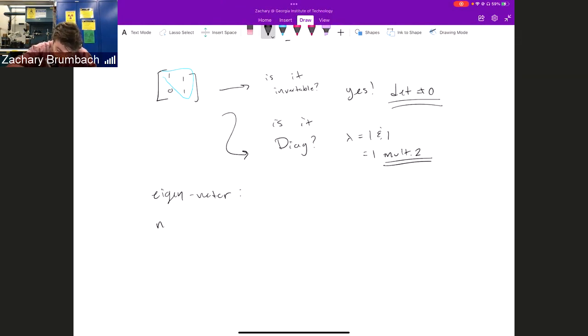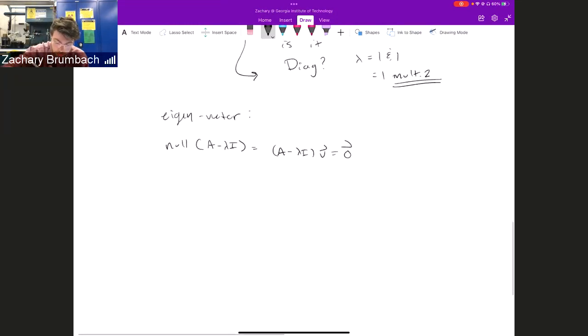An eigenspace is by definition the null space of A minus lambda I. That goes to say that A minus lambda I multiplied by some vector gives us 0. That's the whole appeal of it. So that's what we have to do.